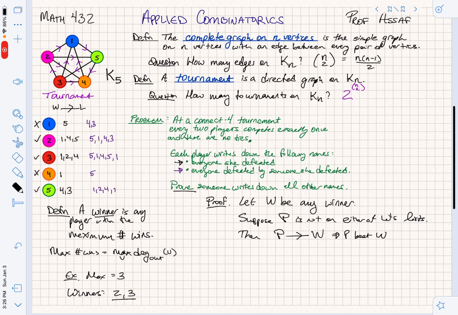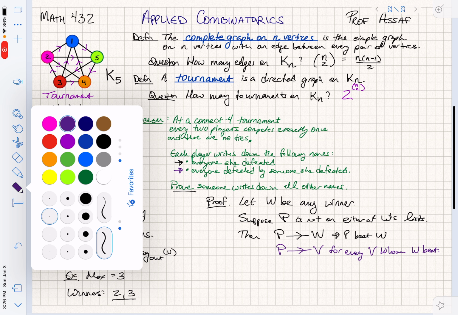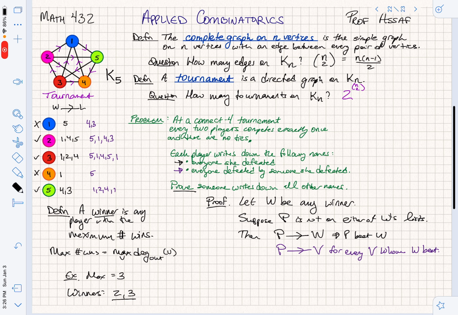Okay? And what else do we know? We know that P is not on the other list. So what does the other list, the purple list, tell me about P? That tells me that P also had to have beaten V for every V whom W beat. So what does that mean? P had to have beaten V for everybody that W beat.